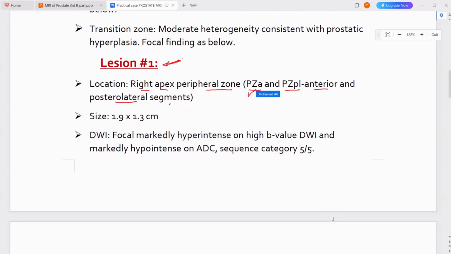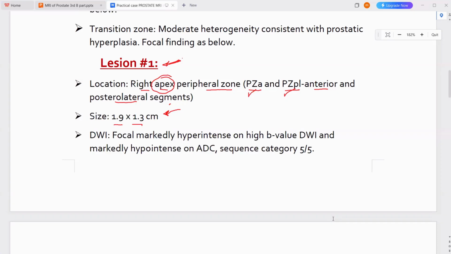This one is PZa anterior, and this one is posterolateral, located at the apex of the prostate on the right side, and the size of the lesion is 1.9 times 1.3 centimeter. Some authors suggest that you should measure the lesion in 3 dimensions and measure the volume, but I think this one can be done at least.